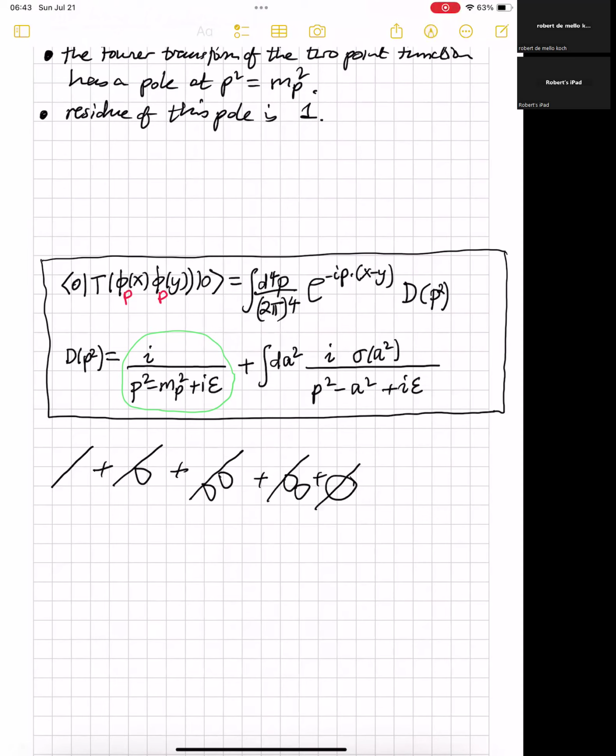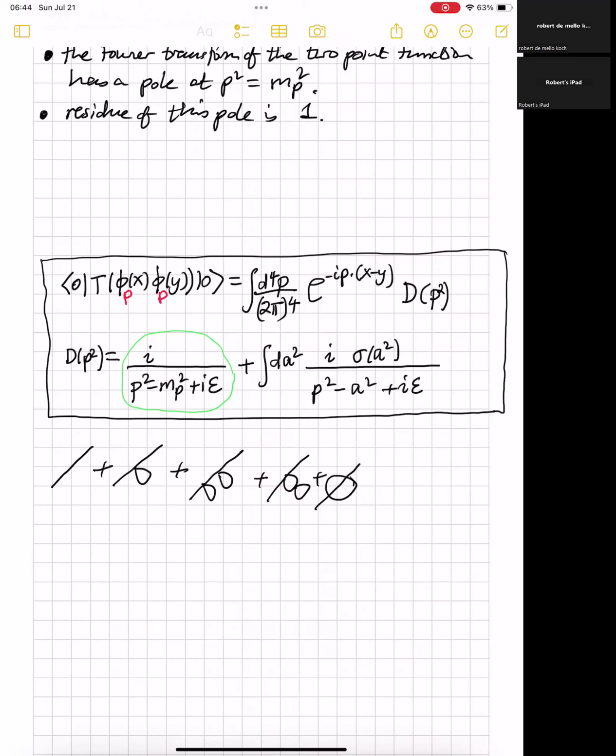Then once you've got this function, calculate its Fourier transform. Once you've calculated the Fourier transform, look for where the pole of this function sits. Set the pole equal to m physical squared, and then work out the residue and set the residue equal to 1.